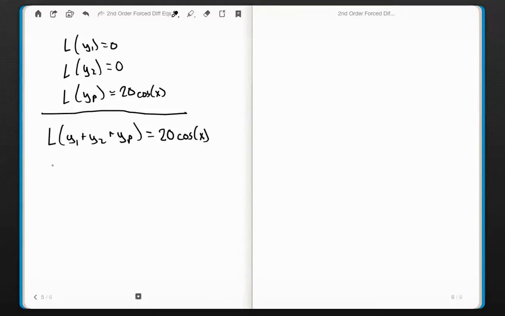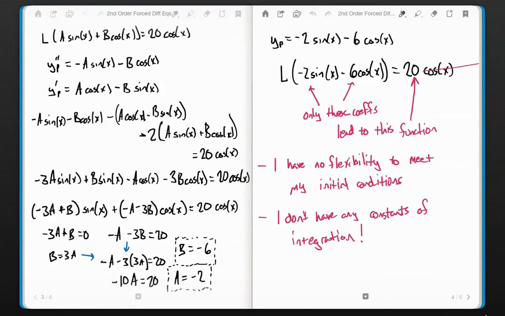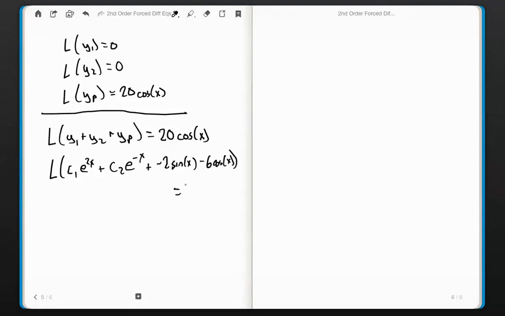Well, what were those? y1 was c1 e to the 2x plus c2 e to the negative x plus, and let's see, what were those, negative 2 and negative 6? Negative 2 sine of x minus 6 cosine of x, all that will equal 20 cosine of x.